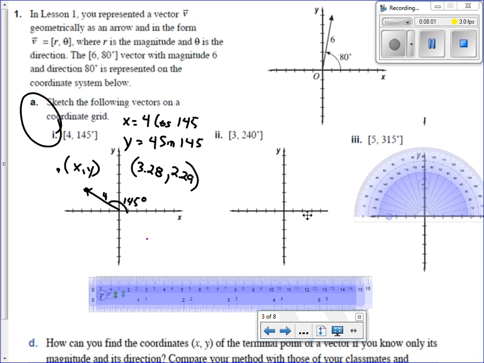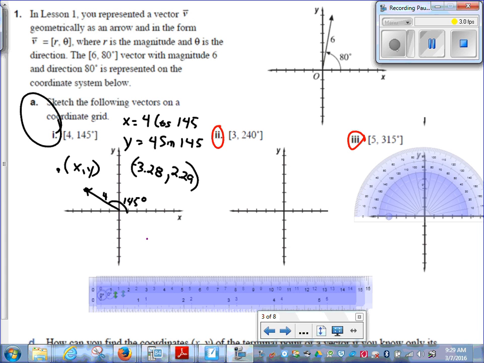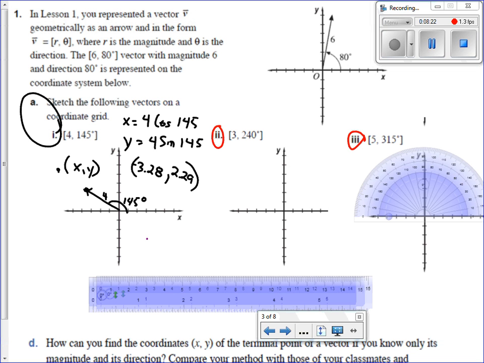Now, whether you are in class or at home watching this, well, if you're at home, pause this and answer the next 2 questions, part 2 and part 3. In class here, I will pause it and have you complete those 2 problems, and we will check our answer. Just a point of clarification, part 1, it should be a negative 3.28, not a positive.